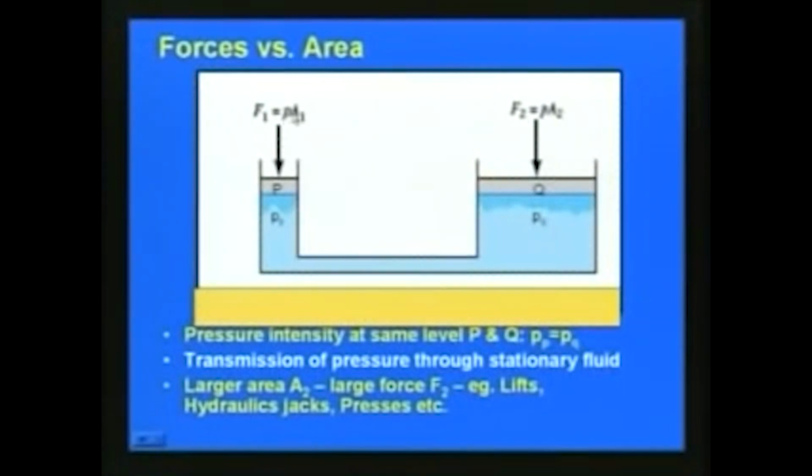Here you can see that the force applied on this side, F1, is equal to P into A1, so with a small force we can get a large force back, F2 is equal to P into A2. These applications, as I mentioned, the hydraulic jacks or lifts, presses, etc., are very much used in engineering areas.